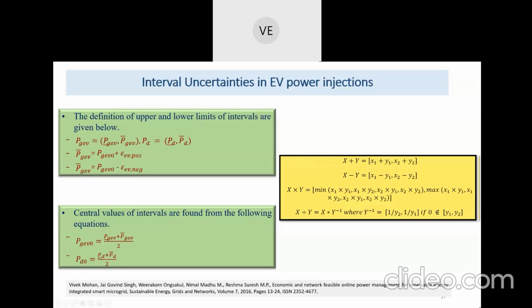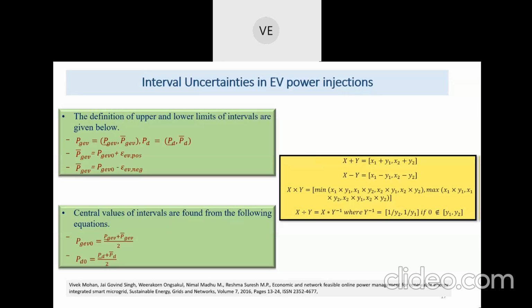You cannot say that a particular profit can be obtained by the aggregator. Rather, you can say that the maximum profit can be this much and the minimum profit can be this much. For each nodal voltage, you can say the maximum voltage can be this much and the minimum voltage can be this much. The total network loss can be P loss max and P loss min.